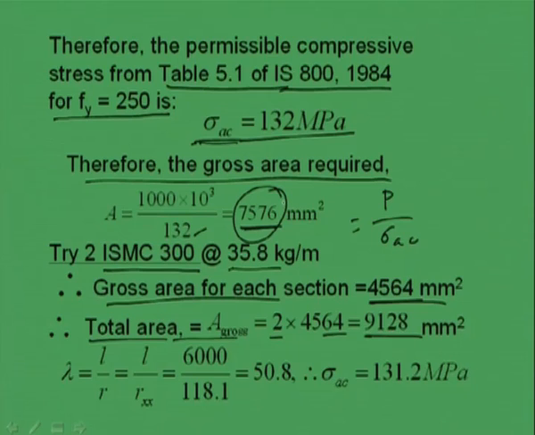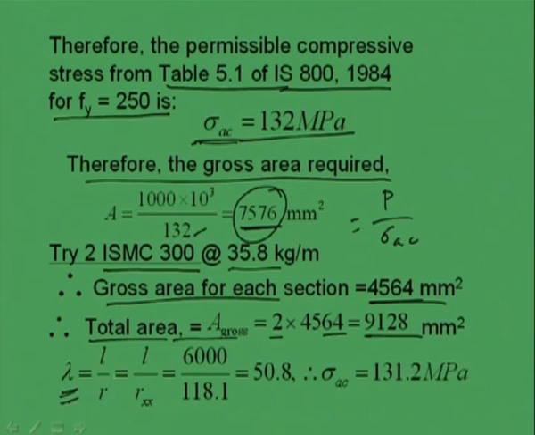Now, with this channel section we have to check whether the allowable stress is greater than the developed stress or not. For this actual section we know, so we can find out lambda, which is the slenderness ratio. Slenderness ratio is L by R, and in this case R will become Rxx.